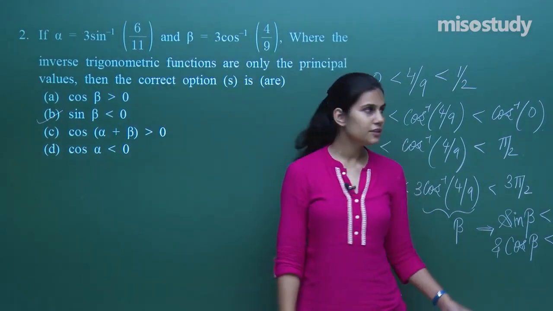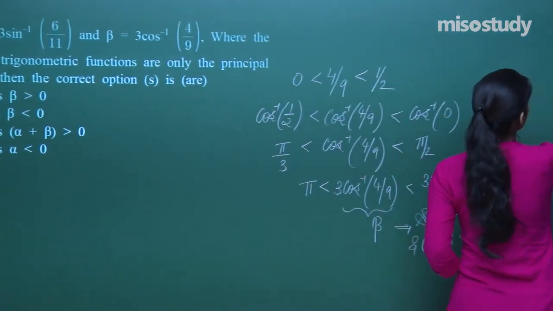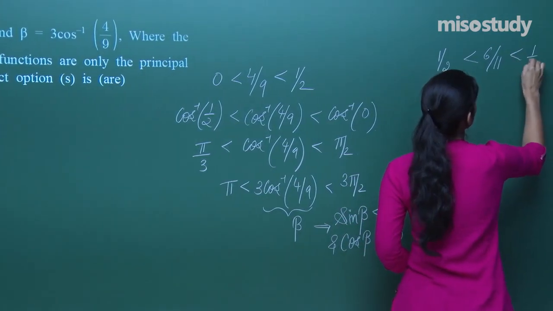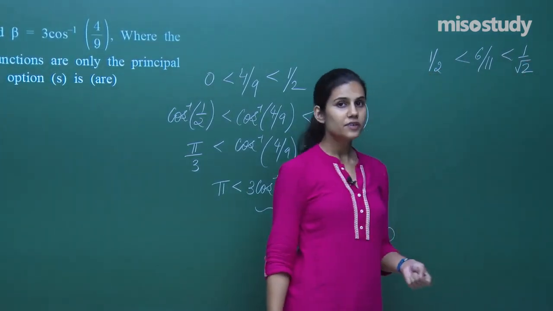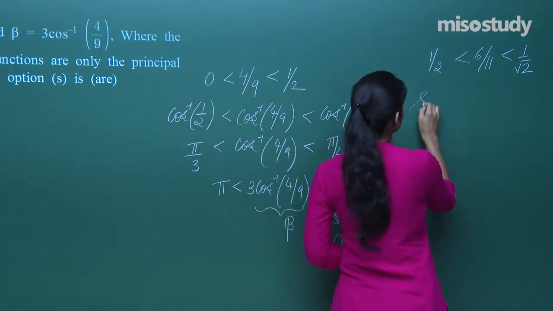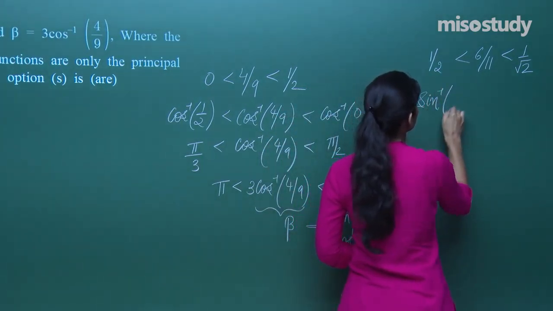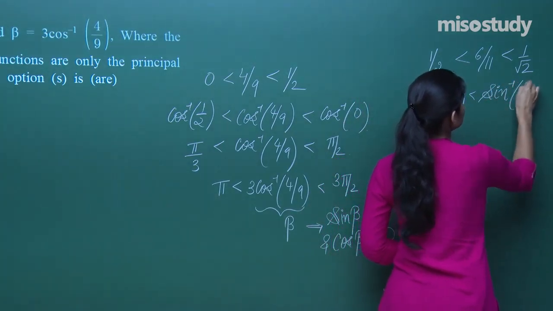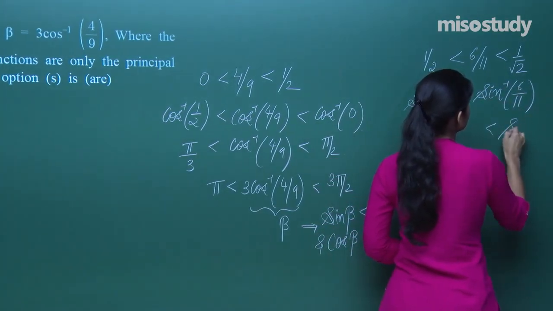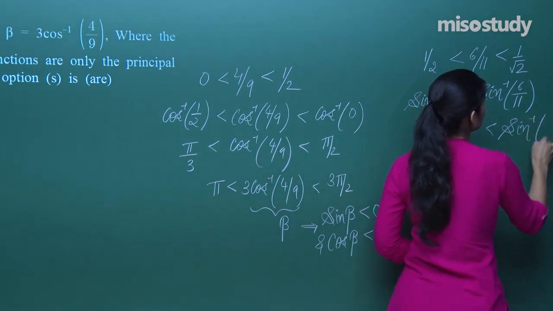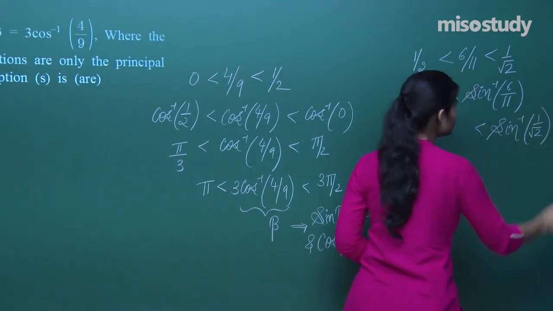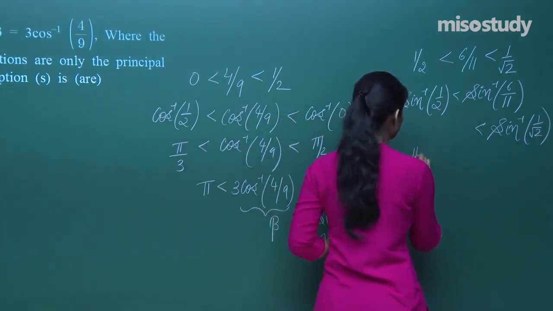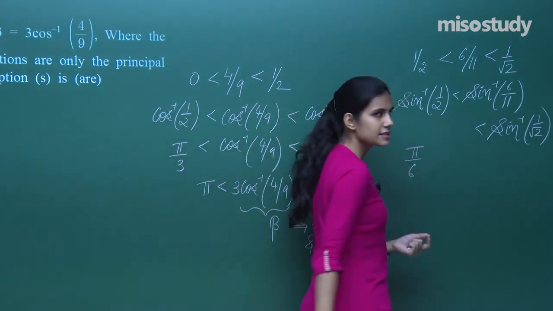If I talk about the other, alpha, I know 6 by 11 lies between 1 by 2 and 1 by root 2. And sine inverse in this range is increasing. So I can say sine inverse 1 by 2 is less than sine inverse 6 by 11 is less than sine inverse 1 by root 2. Now sine inverse 1 by 2 is actually pi by 6.